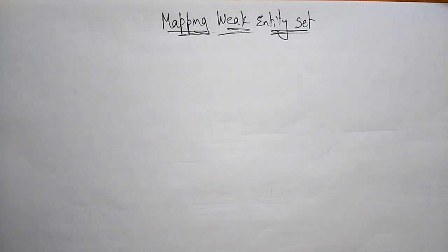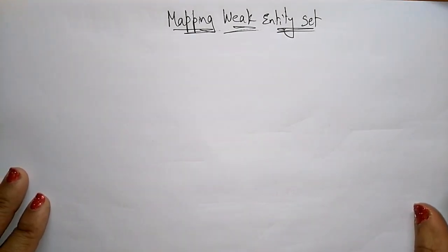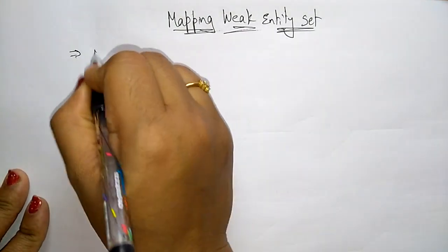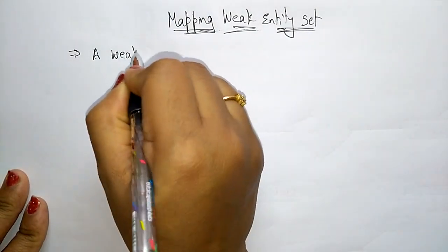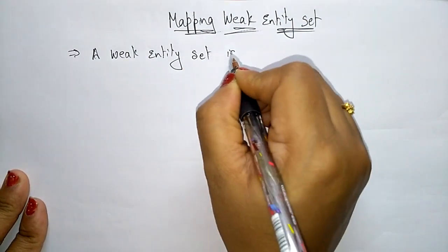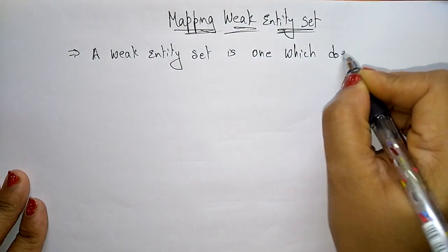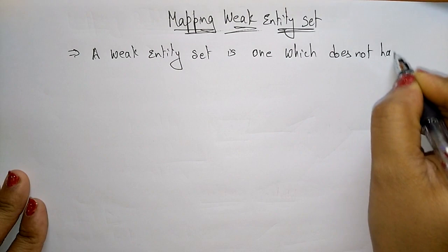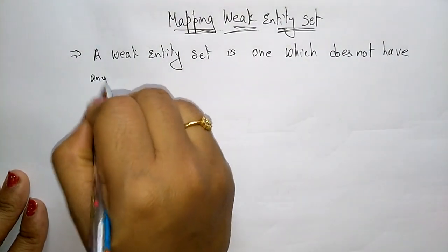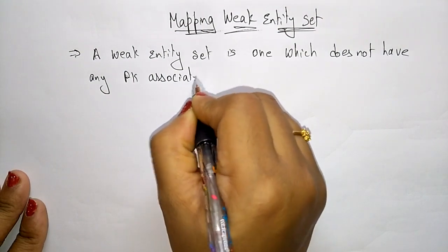Students, let us continue with the ER model to relational model. So far we have discussed mapping entity and mapping relationship. Now let us see mapping weak entity set. A weak entity set is one which does not have any primary key associated with it.